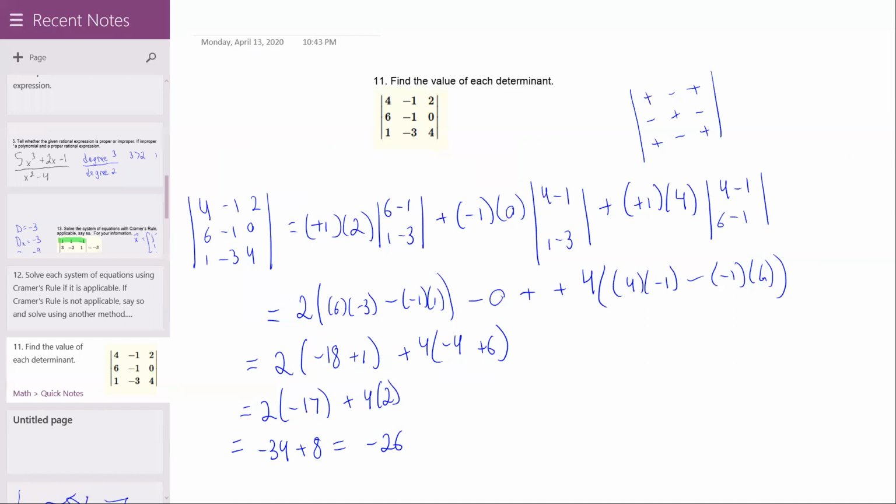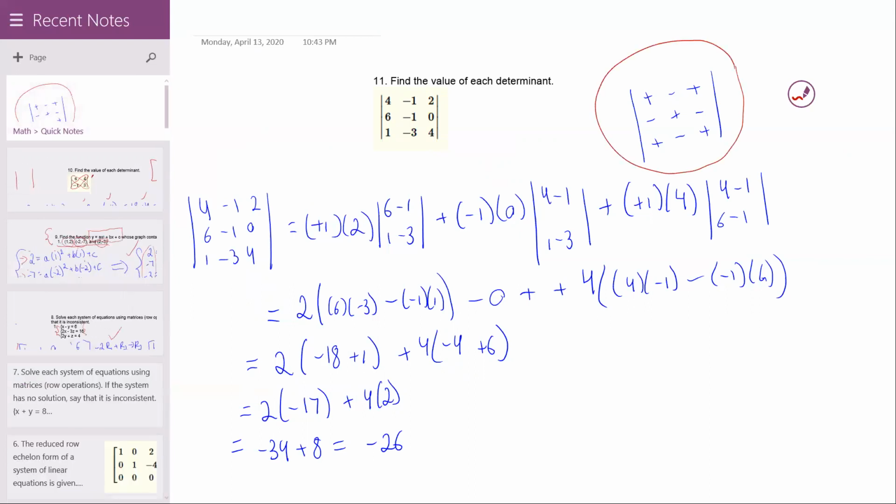Okay, now here's where you find the determinant of a 3 by 3, which is trickier. You should have seen in class, or you're about to see, that there's a pattern with the signs up here. You start in the top left with a plus, and then you alternate. No matter which way you go, up, down, left, right, not diagonal, you will always be alternating signs. So here's where that comes into play.